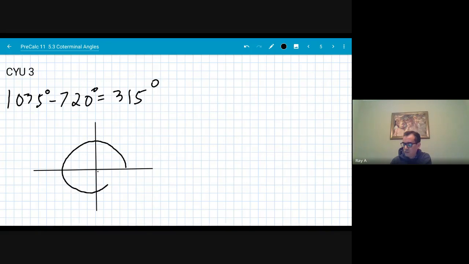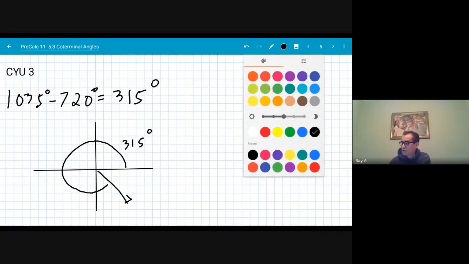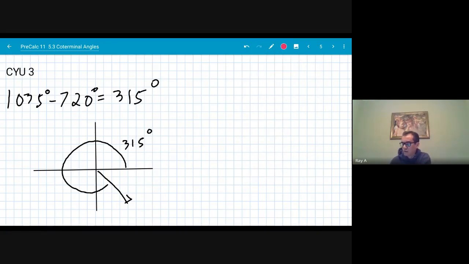So maybe here, something like this. There is your 315. I think you could get the reference angle, which is the positive acute angle with the same terminal arm, coming from the x-axis. So it's this one here, and that would be 45 degrees. That is your reference angle.